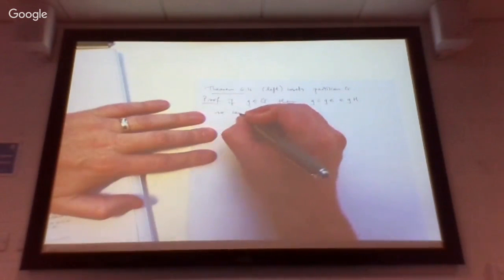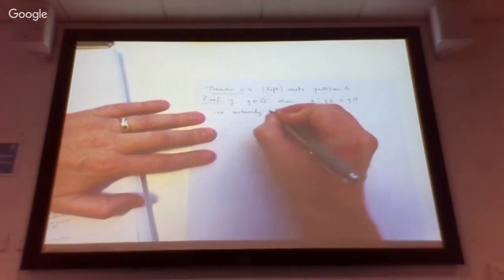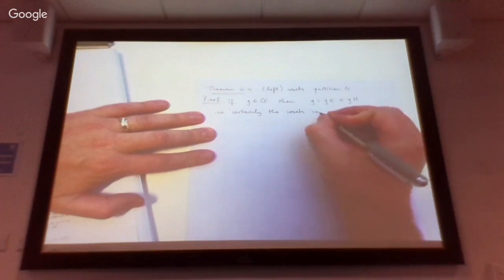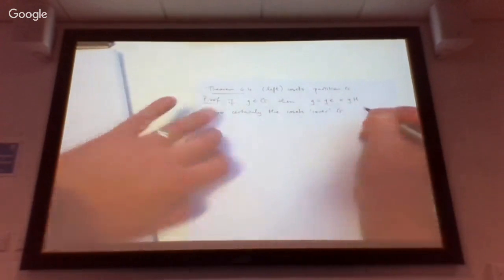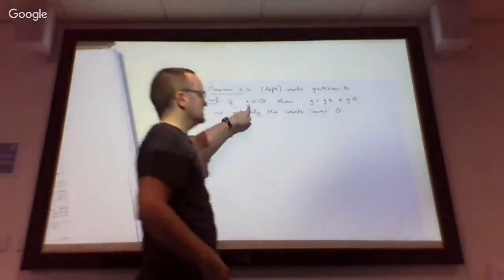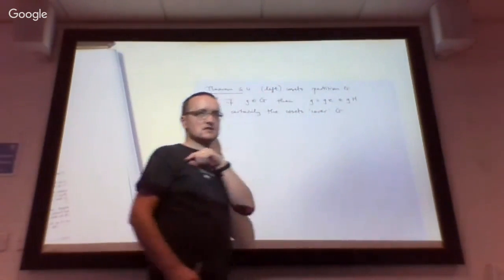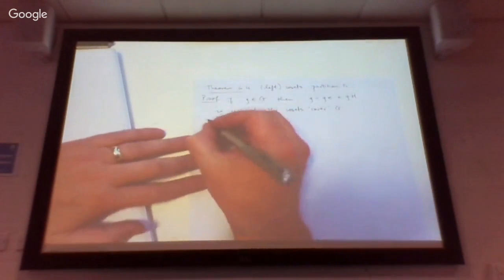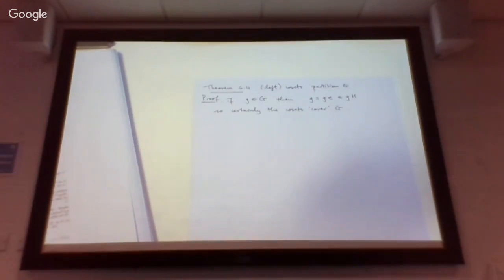So certainly the cosets cover G. If you look at the union of all the cosets, you'll have all of G. Okay? So every element from G is contained in one of the cosets, the coset corresponding to itself. Now we have to show that they're disjoint.